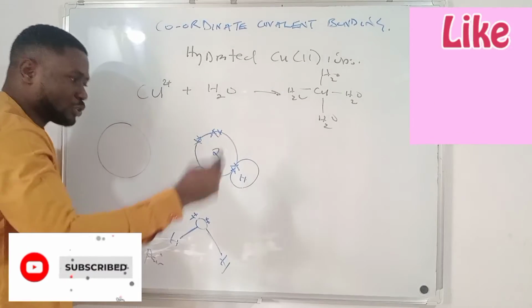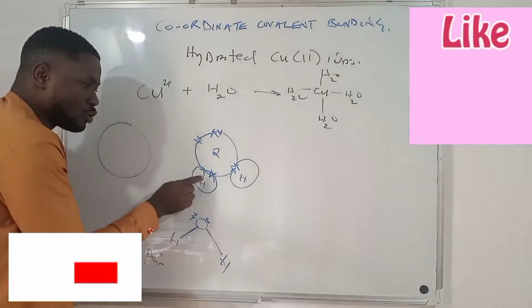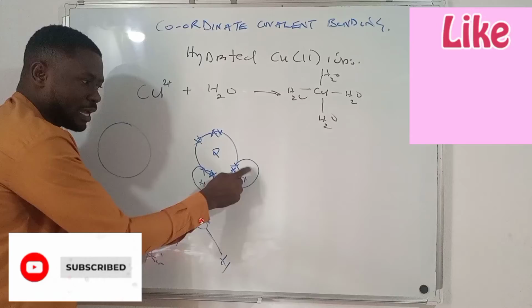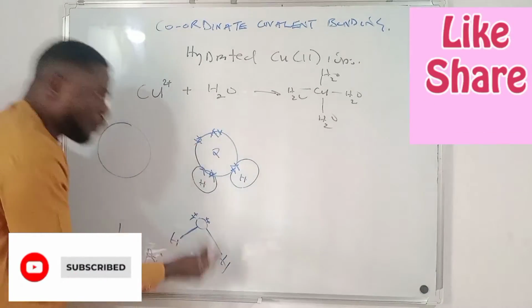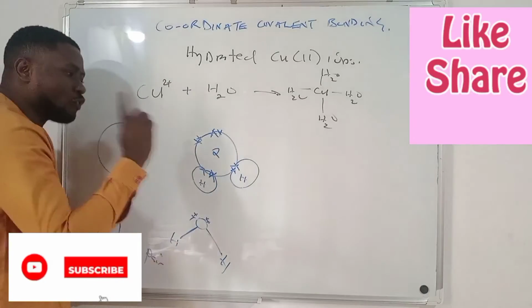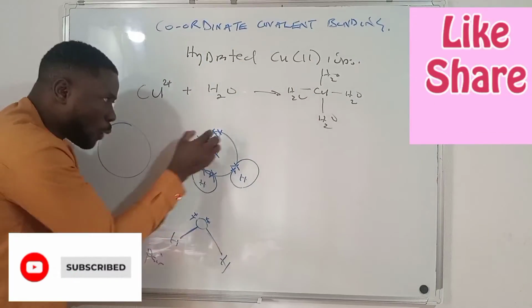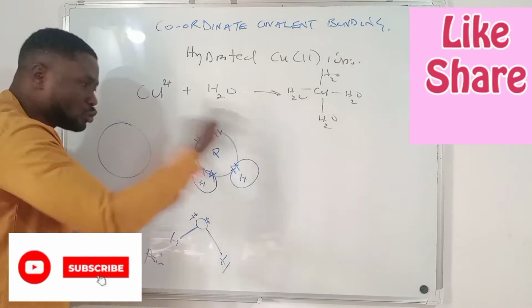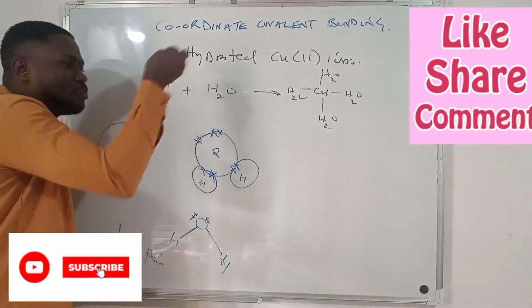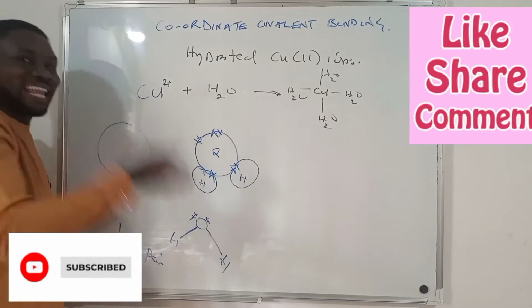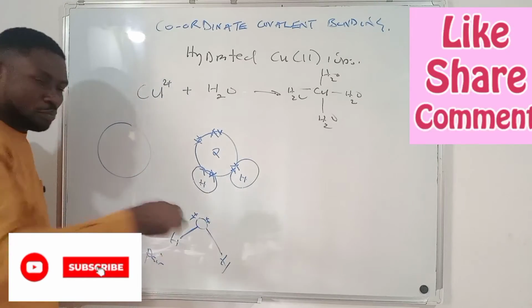Out of the 6, 2 have been used to share with this hydrogen, and also with this other hydrogen. Out of the 6 that were there, 2 have been used, but 4 have not been used. Those 4 that have not been used are now called lone pair electrons.